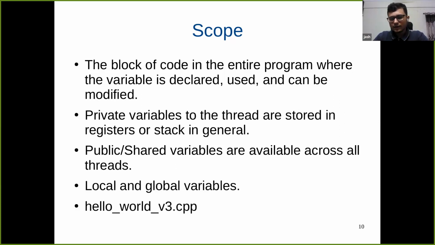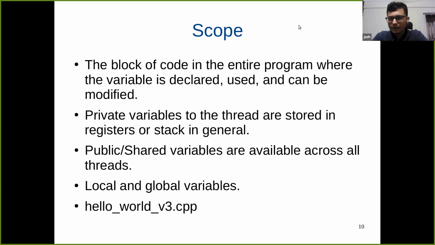There is something called local and global variables also. Let us quickly cover this. What are local and global variables? Local variables are nothing but the private variables. We will use these terms interchangeably, that is, private variables and local variables. The next thing is global variables. By definition, global variables are the ones that are declared outside any function.